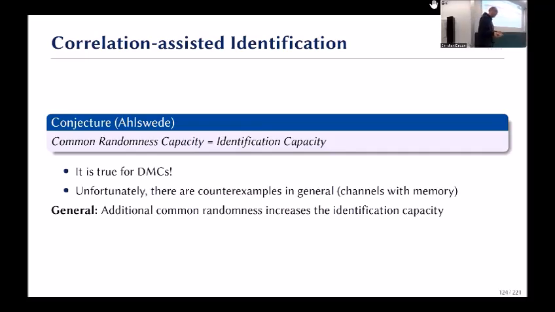If you look at the construction with our coloring or tagging functions, by adding more randomness, we can increase the basic set of this function, and then of course we increase the number of messages, and therefore we increase the rate and we increase the capacity.